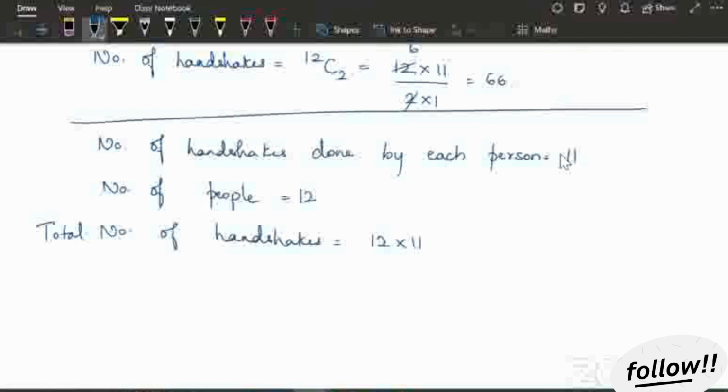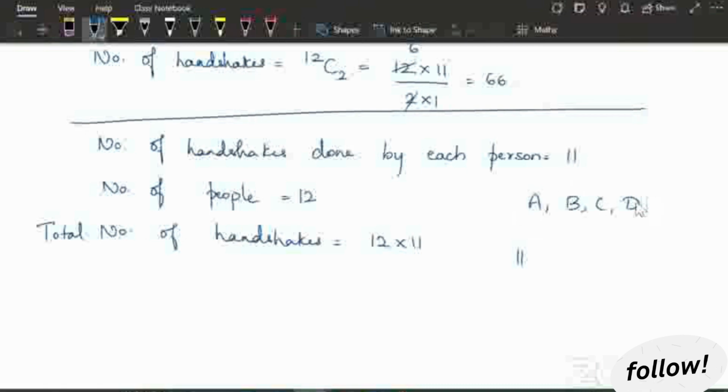You're asking each and every person how many handshakes they did. Every person says I did 11 handshakes. But then there are people like A, B, C, D, E. Now A says that he has done 11 handshakes, which means he has done a handshake with B, and he has done a handshake with C.